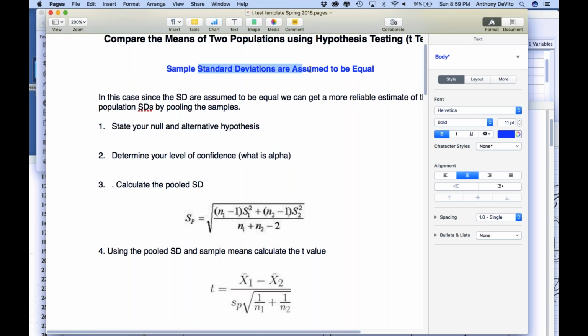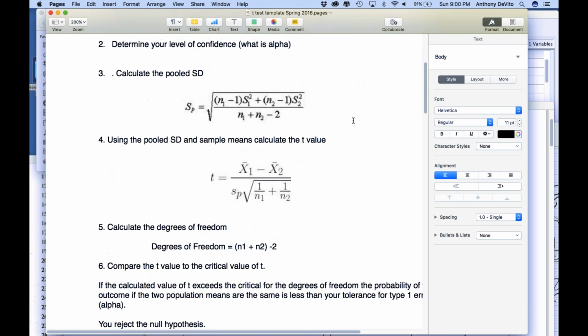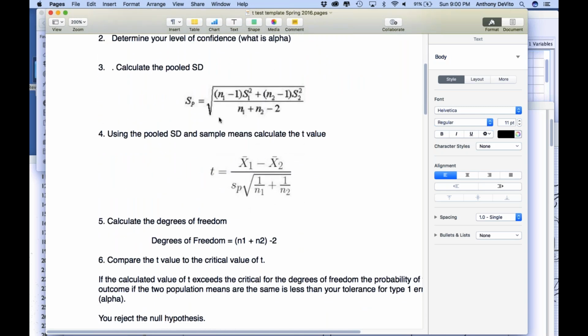So if the standard deviation of one is 10 and the other is 8, we're going to assume that they have equal standard deviations. If that's true, then we're going to use this formula to get a weighted average of the two standard deviations. The pooled standard deviation is equal to the two standard deviations squared times the sample size minus 1 of each one. Just work that out and you get a pooled standard deviation.